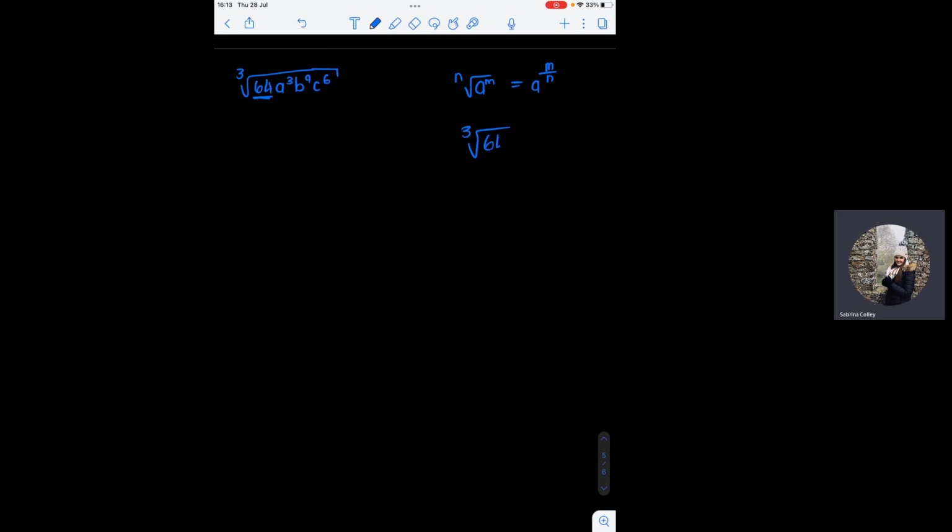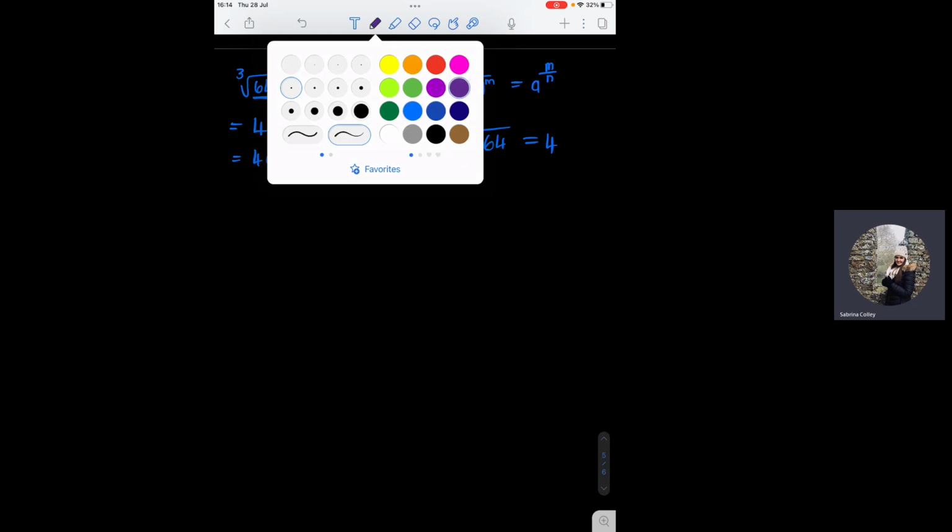If I cube root 64, I'm going to get 4. Since I'm cube rooting, that cube root falls away. So it will just be 4. And then my exponents: a, 3 divided by 3, b, 9 divided by 3, and c, 6 divided by 3. So I've divided those exponents by my root. This will be 4a to the power of 1, b to the power of 3, and c to the power of 2.